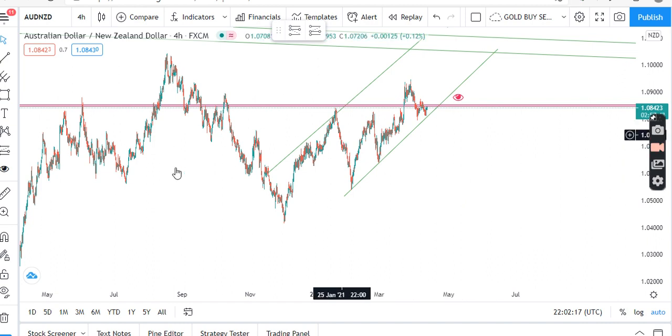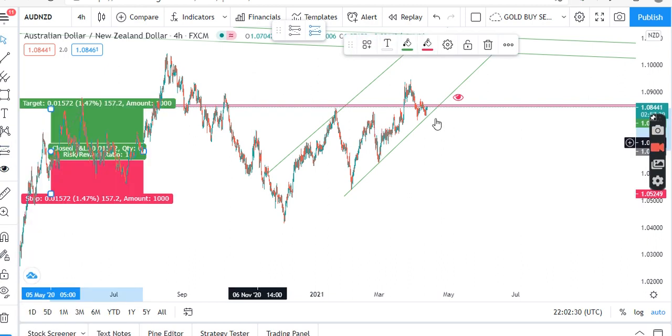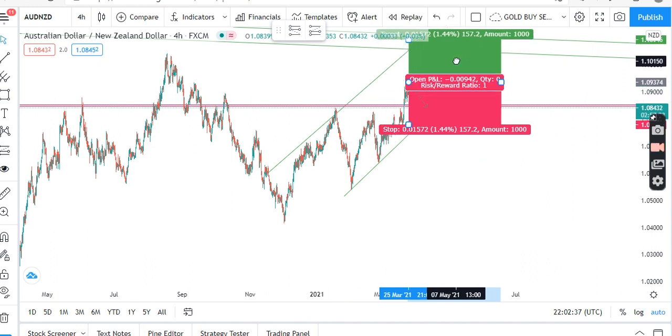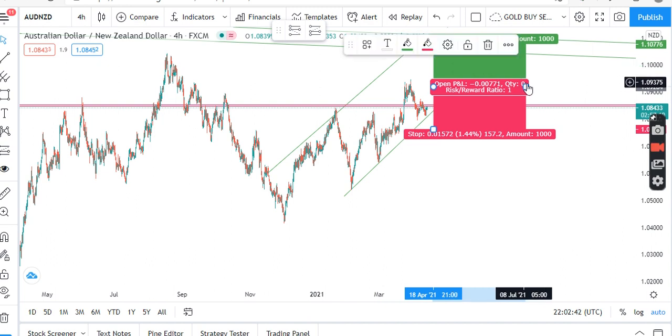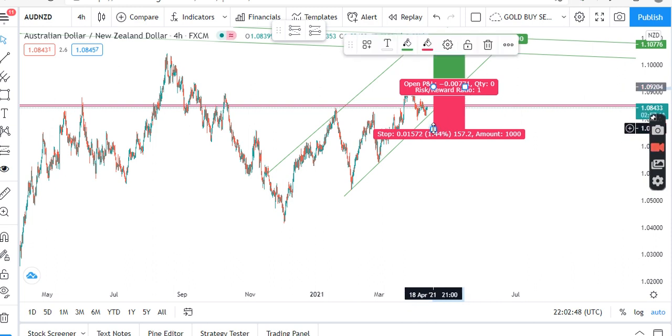So what do we do? We can measure how many pips that is. So we get our long setup, long position. So if we get this and we put it there, okay, so we reduce the size, and also reduce the size of our stop loss.